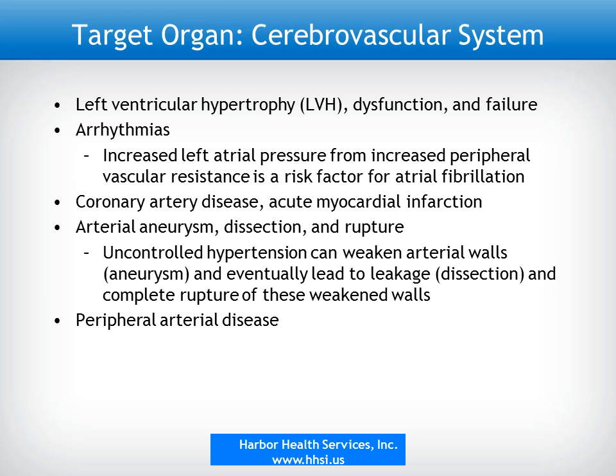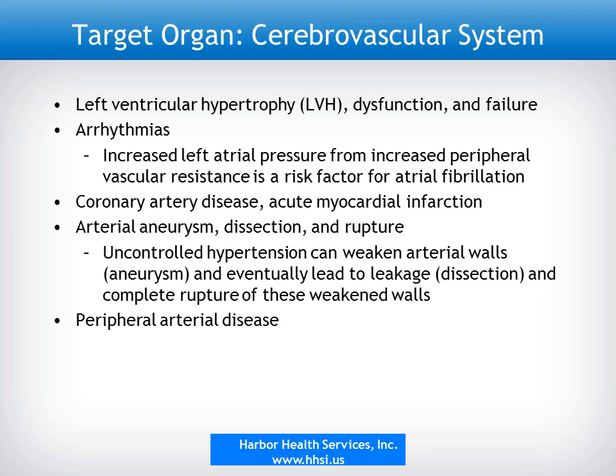It can also lead to coronary artery disease, like we talked about with the hypercoagulability, the stiff arteries, things like that. The damage to the endothelium all can lead to MIs and coronary artery disease.